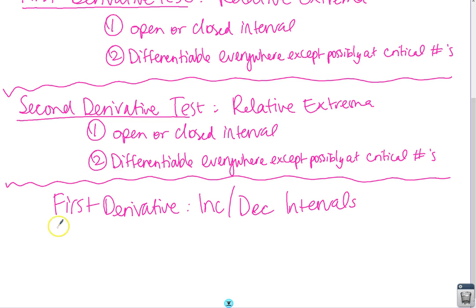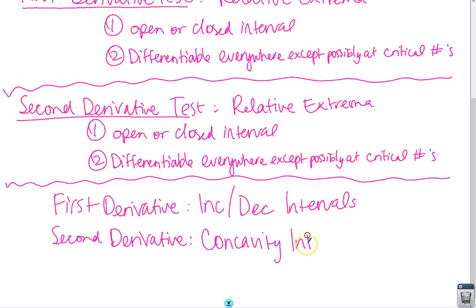The second derivative is determining intervals of concavity. If you throw in the word test, that means you're looking at the relative extrema. But if you're solely looking at the first and second derivatives by themselves, they determine intervals of increasing and decreasing and intervals of concavity. That's the only thing they determine.